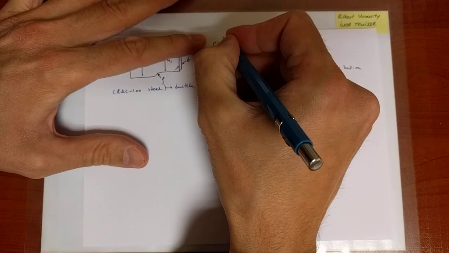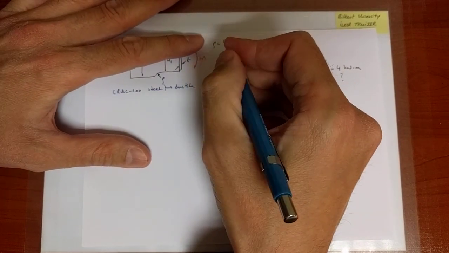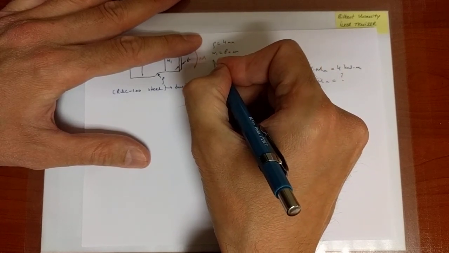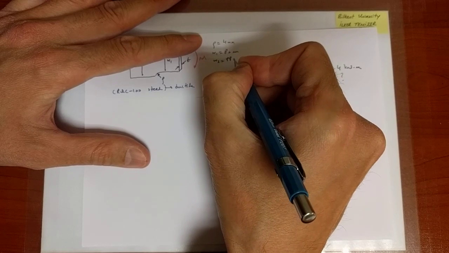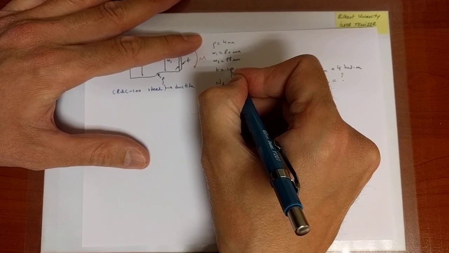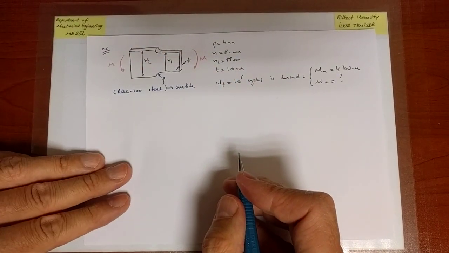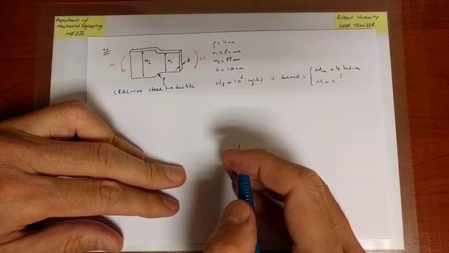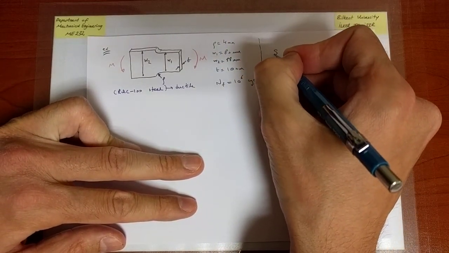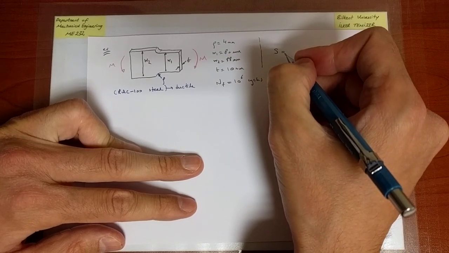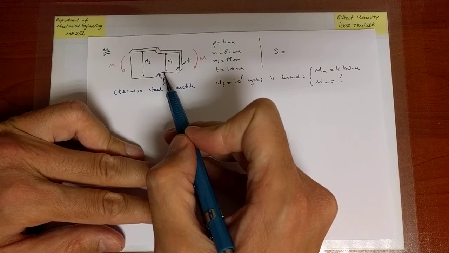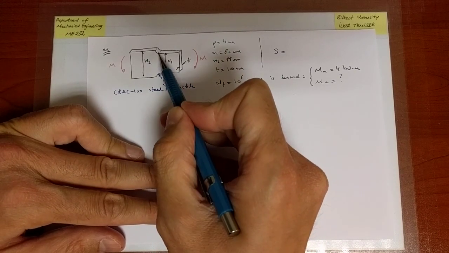Alright, so the geometrical parameters are as follows. The notch radius is 4 millimeters, W1 is 80 millimeters, W2 is 88 millimeters, and finally the thickness is 10 millimeters. Now, for a given value of the bending moments, we also remember that the nominal stress is associated with the maximum stress at the smaller cross-section in the vicinity of the notch.